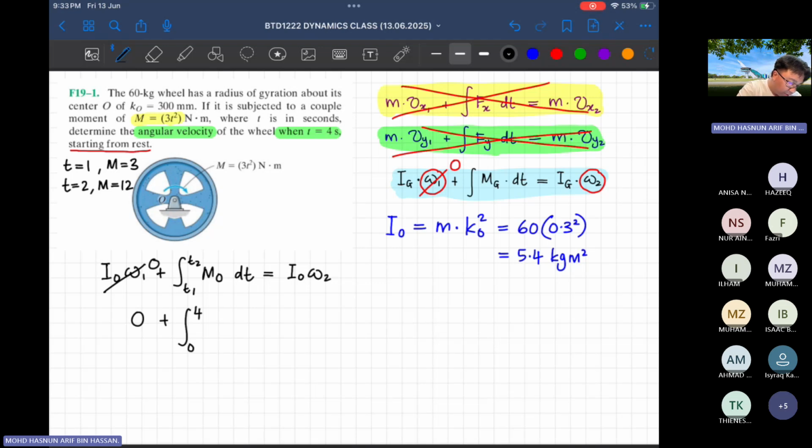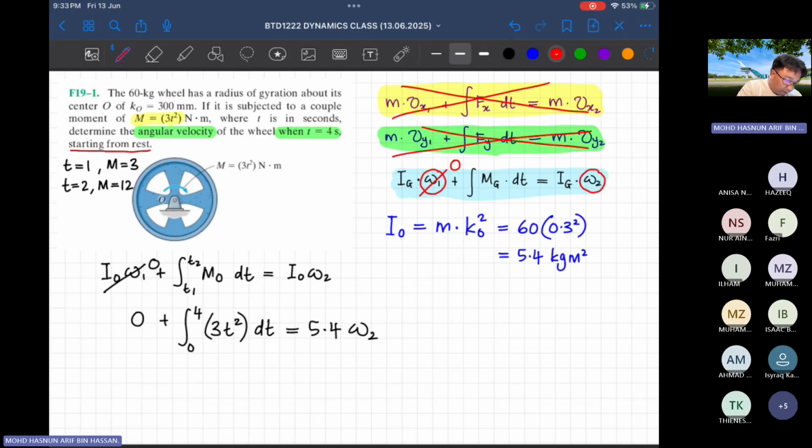Here MO is 3t squared dt. Put this in brackets, is equal to IO, which is 5.4, times omega 2, which is the one that we want to find, the angular velocity.